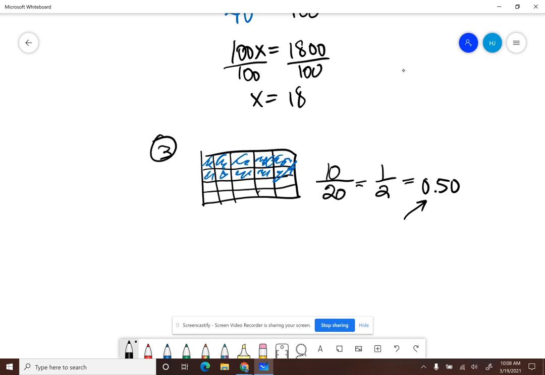Well, we usually say something like 0.50, but that's not actually what it is. You notice this is my tenths place. We already kind of went over place value. This is my hundredths place. So this is actually the same as 50 over 100, okay? So again, percentages are based on 100, so that means that if it's 50 over 100, this must represent 50%.